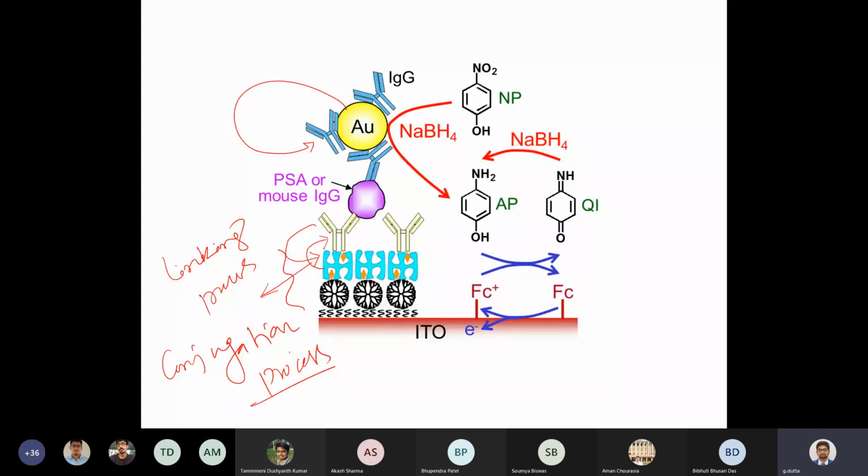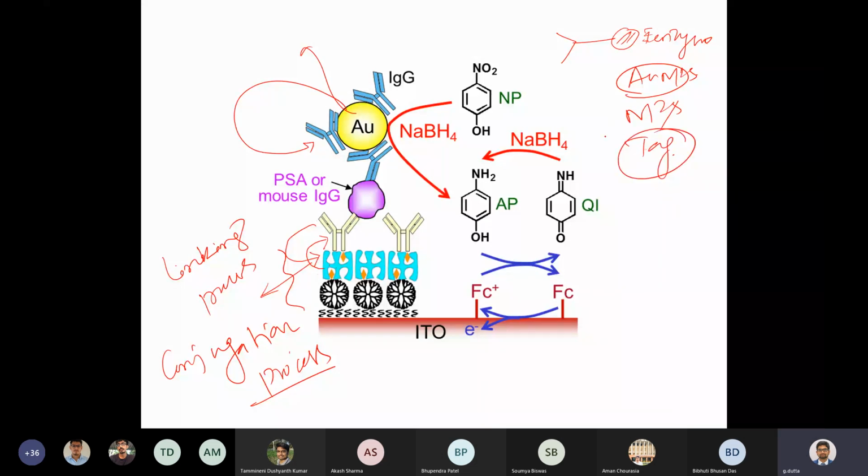So how you can bind the primary antibody on the surface, and how we can bind the secondary antibody with the gold nanoparticle, or not only gold nanoparticle. The secondary antibody we can bind with an enzyme also, or any kind of nanoparticle. Why do we need this tag?